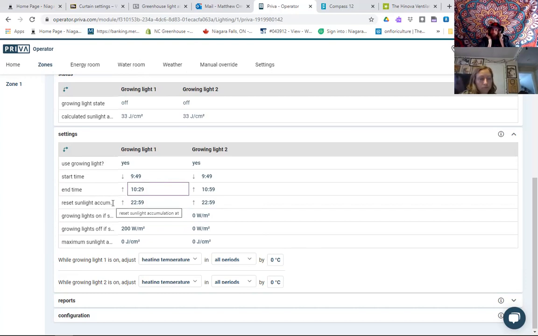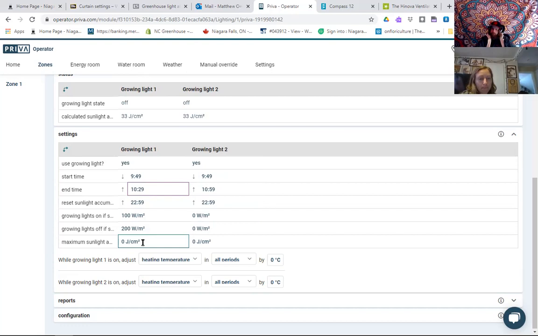Reset accumulation. We can measure the PPFD coming off the lights, or the joules coming off the lights, and extrapolate that over time, and the computer will actually accumulate.